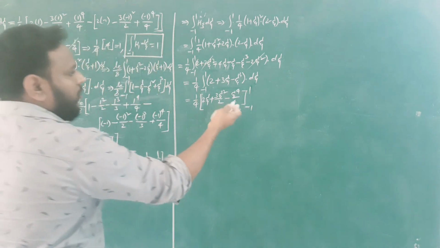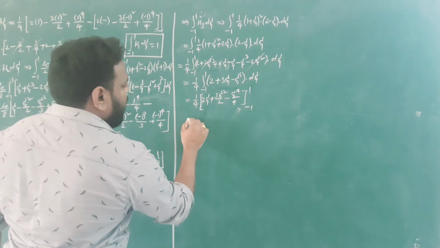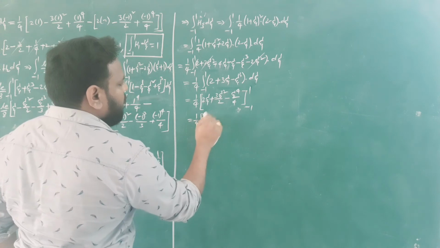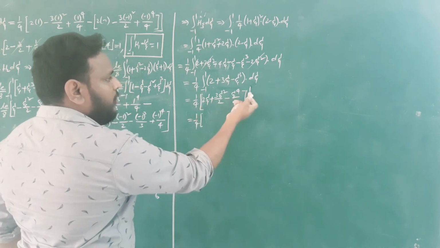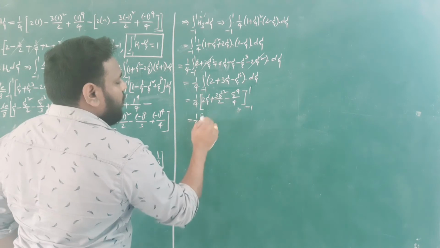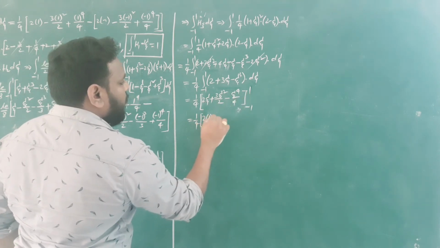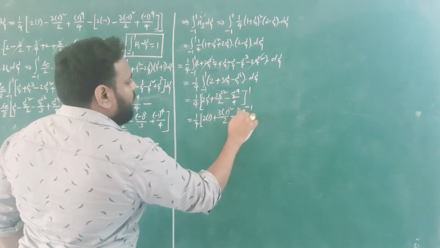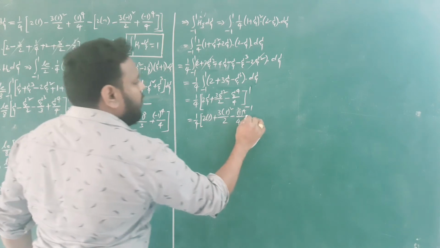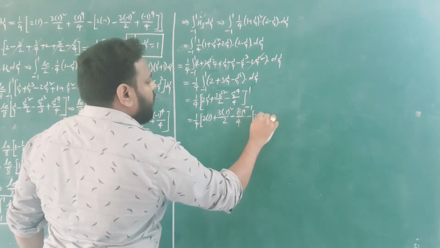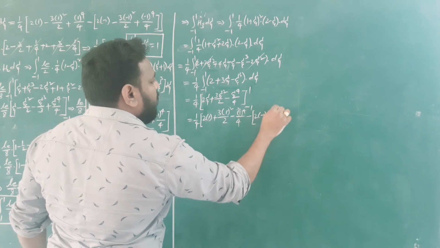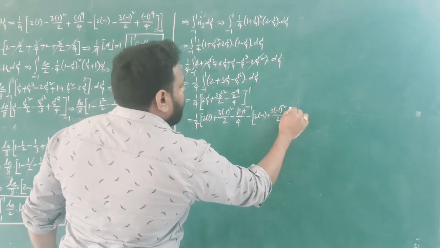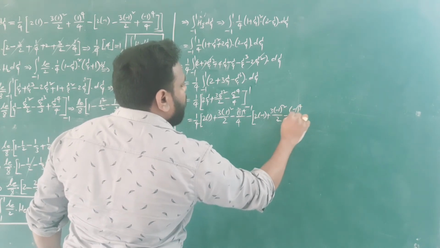So apply the upper limit and the lower limit. 1 by 4 into the upper limit first: put j equal to 1, 2 into 1 plus 3 into 1 whole square by 2 minus 1 by 4, minus the lower limit: 2 into minus 1 plus 3 into minus 1 whole square by 2 minus (minus 1) whole power 4 by 4.